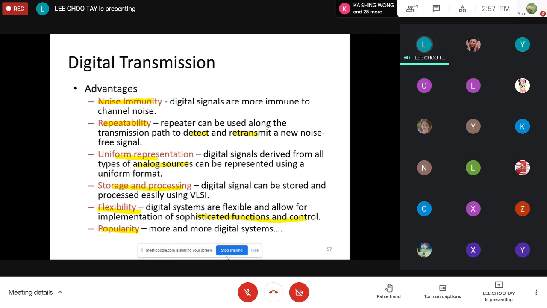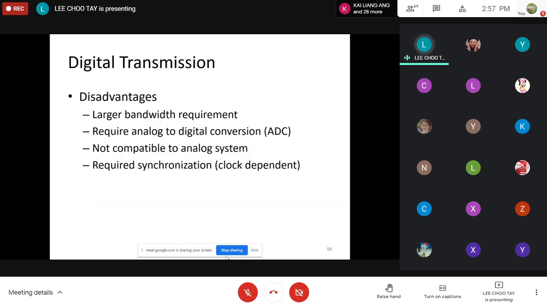Of course, this comes with a price. The price to pay is that the bandwidth requirement is now a lot larger. And the real world signal is analog, so you need to convert your real world signal from analog into digital. You need that conversion process. A digital system is also not compatible with an analog system.